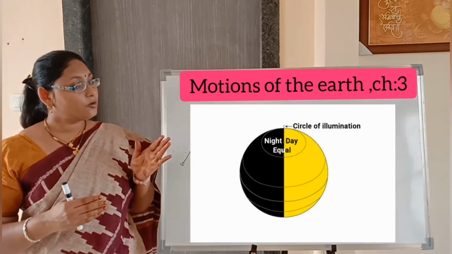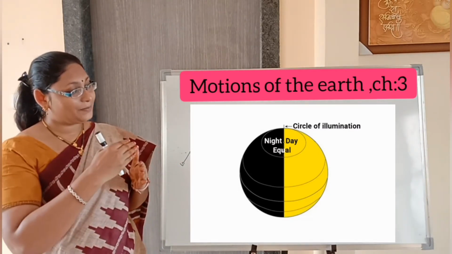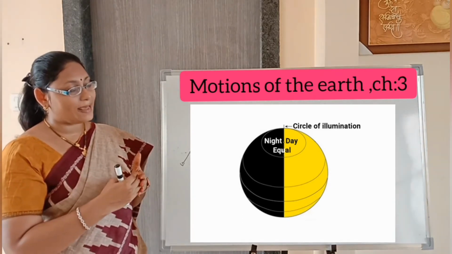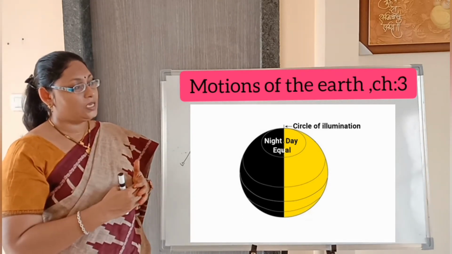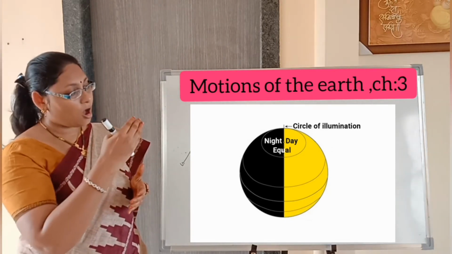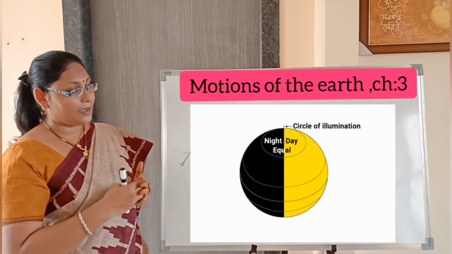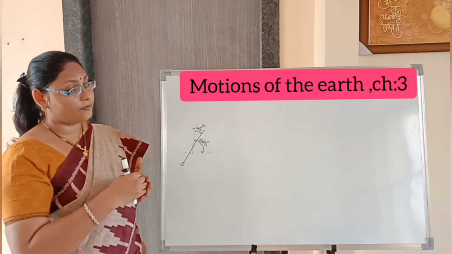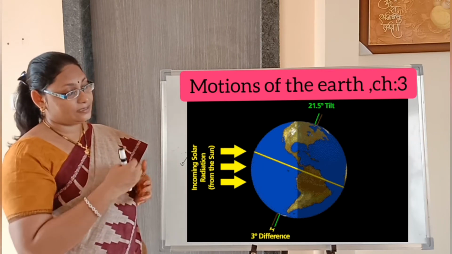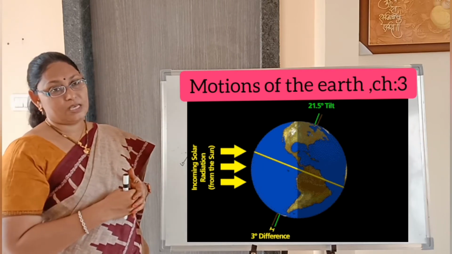Because of this spherical shape, half of the earth is getting daytime and the remaining half, which is the backside of the sun, is in the darkness, that is called nighttime.